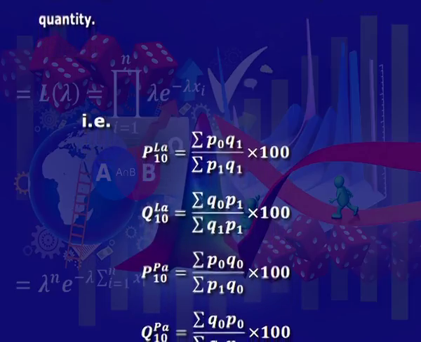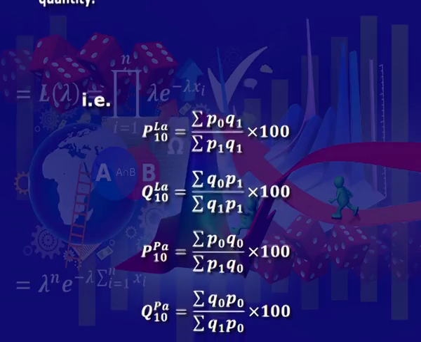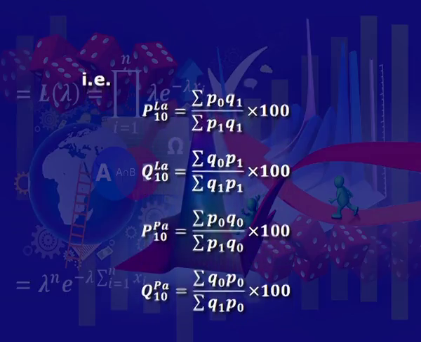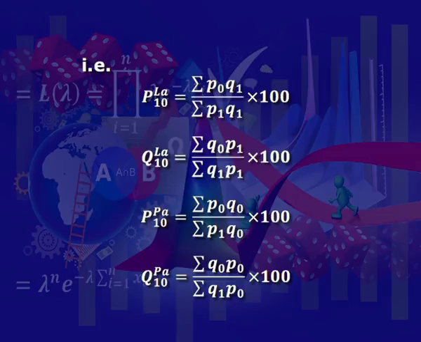That is, P10LA equals summation P0Q1 upon summation P1Q1 multiplied by 100, and Q10LA equals summation Q0P1 divided by summation Q1P1 multiplied by 100, and P10PA equals sigma P0Q0 upon summation P1Q0 multiplied by 100, and Q10PA equals summation Q0P0 divided by summation Q1P0 multiplied by 100.